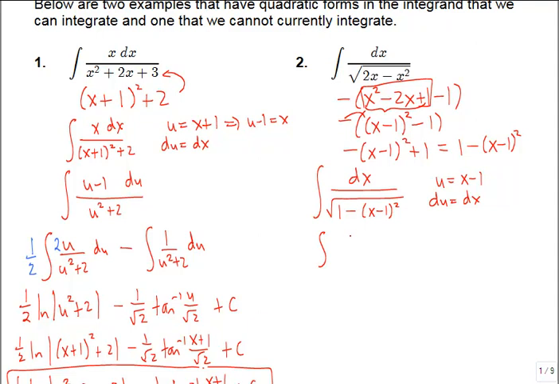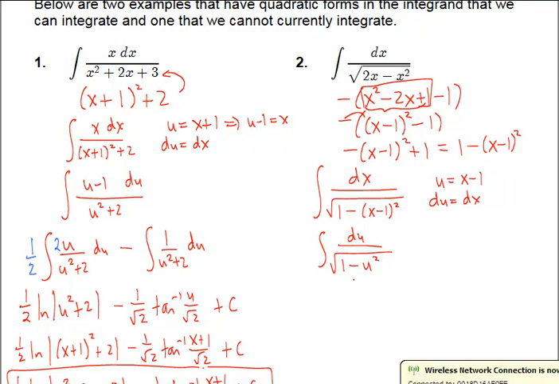The dx on top becomes du, and in the bottom we get square root of 1 minus this whole quantity becomes our u squared. Now this integral right here again is one of these formulas that you kind of need to know, because if you don't, you're kind of stuck, but it's one of these that you don't see all that often, so it's easy to forget. This is the arc sine.